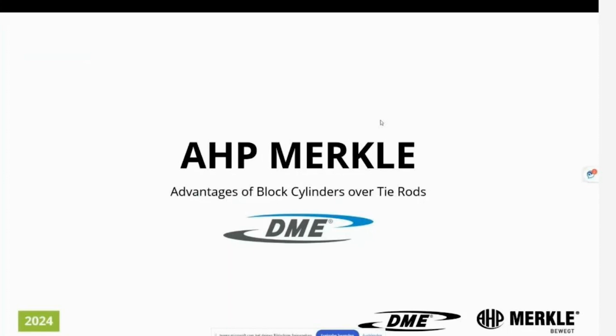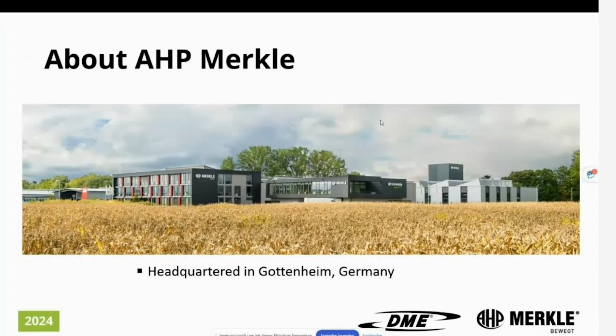AHP is located in Germany, in Gottenheim, in the southwest of Germany, close to France and Switzerland. At the moment, we are 250 employees, and we have a daily production of 450 cylinders.